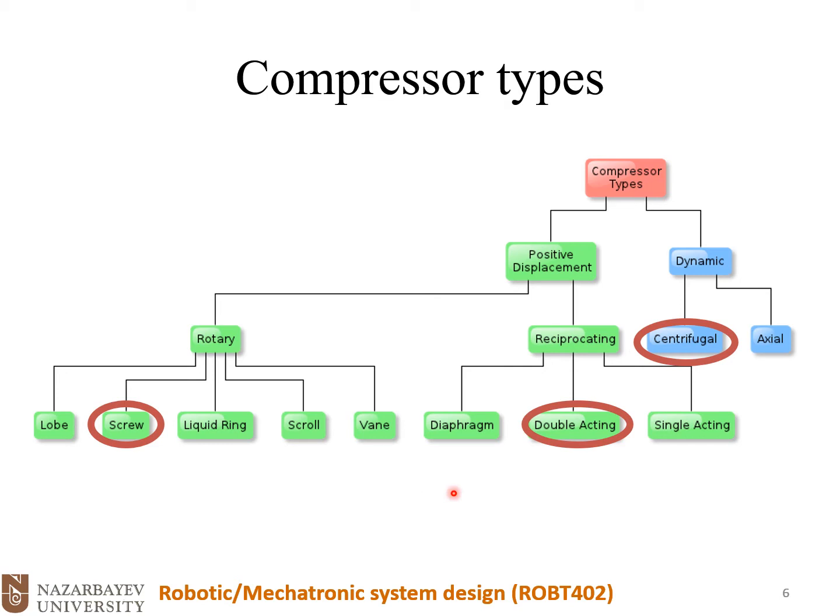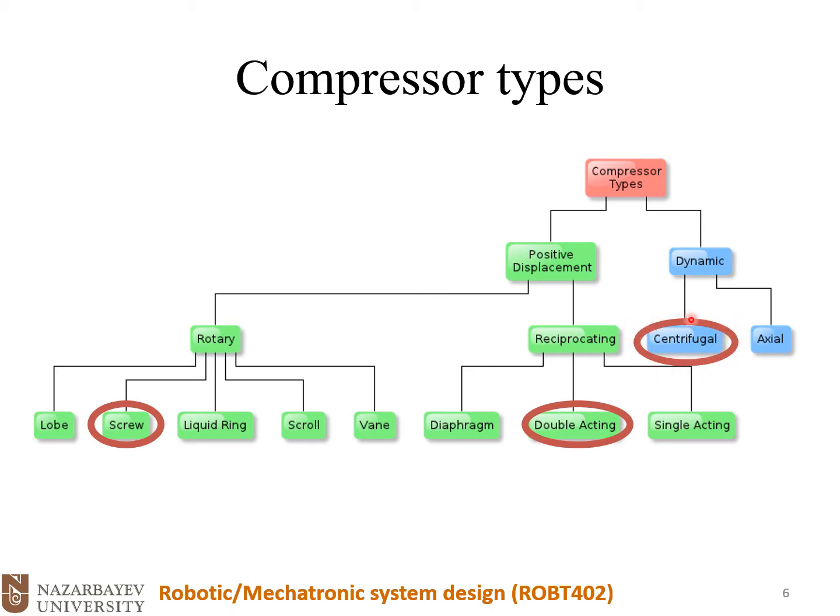We don't have enough time to show you all these types of compressors, but we selected a few of them. Those with a red ellipsoid border, so screw, double acting, and centrifugal, will be presented in coming slides.